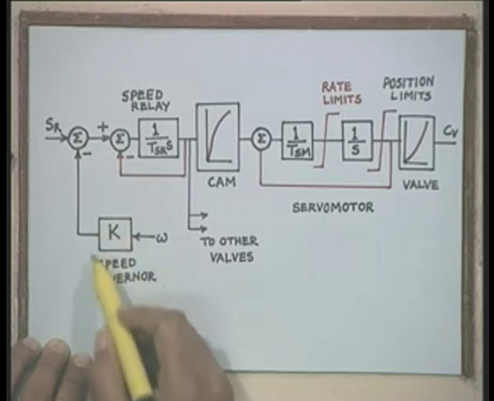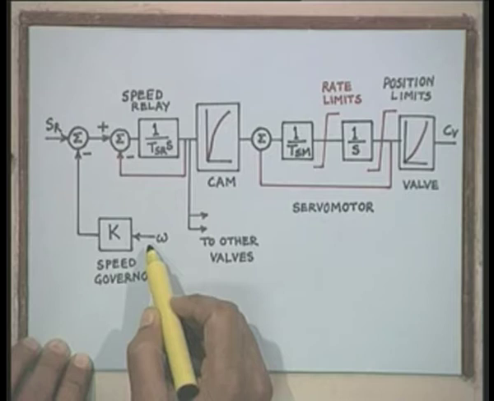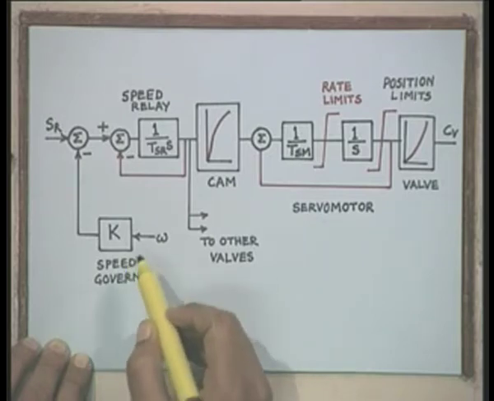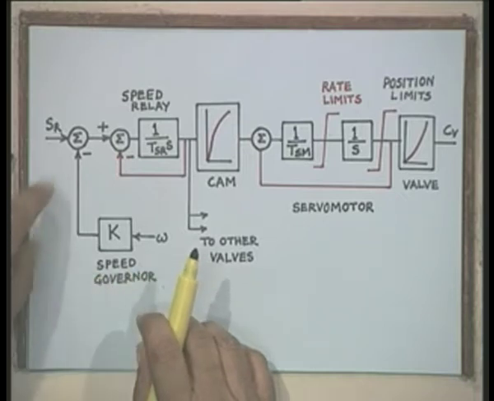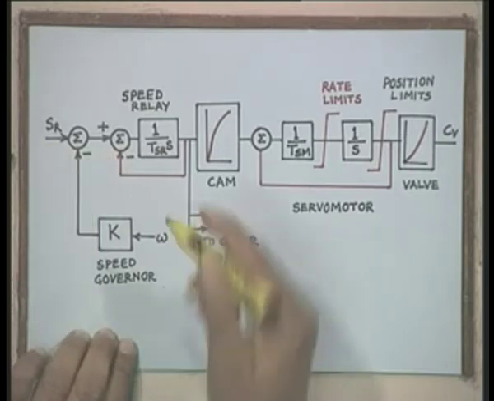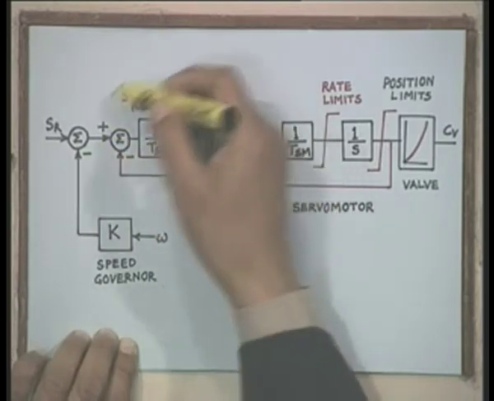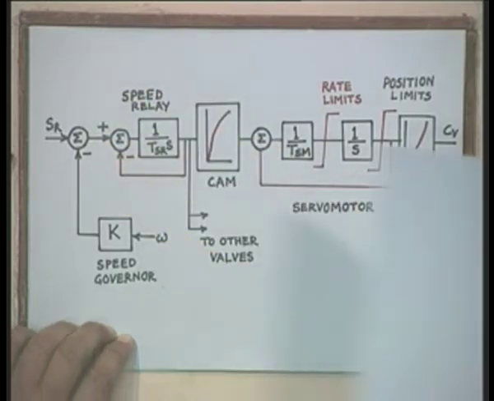Therefore, output of this will be k times speed, that is, basically it is a speed sensor, speed deviation is going to be sensed here. Now, this is going to be compared with the reference, the error comes here. This block diagram represents the transfer function of the speed relay.